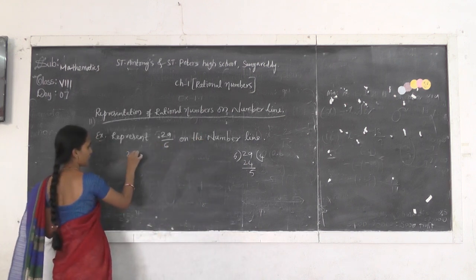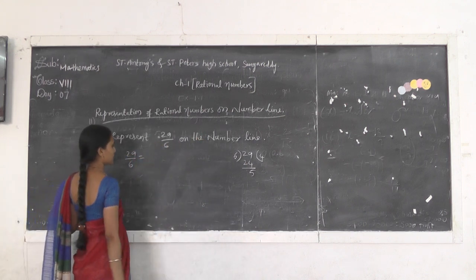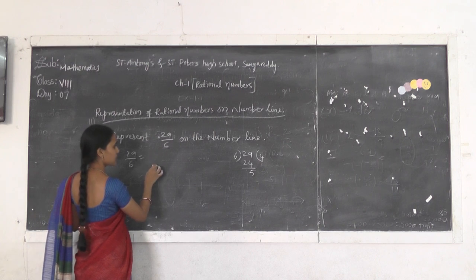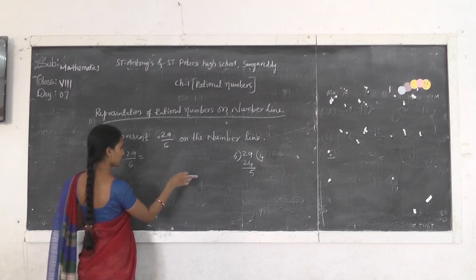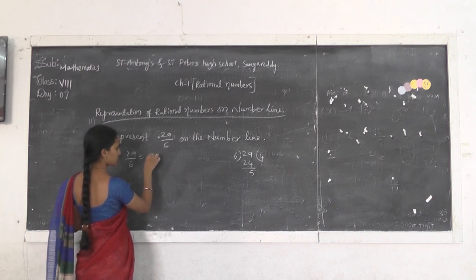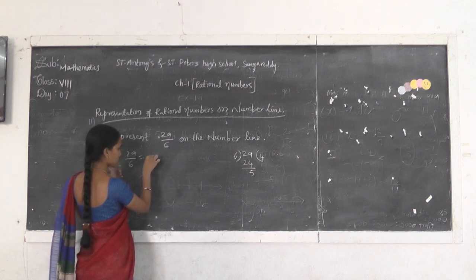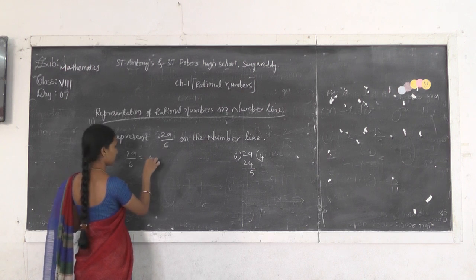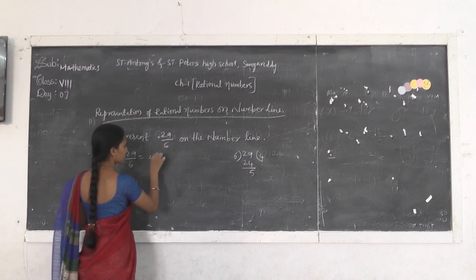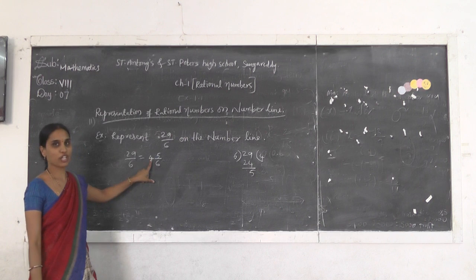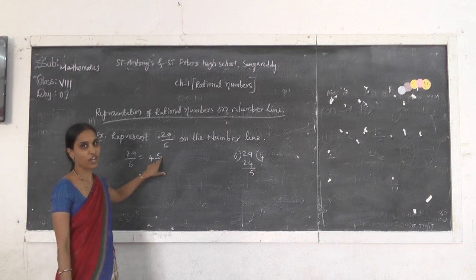What is the mixed fraction? 29 by 6, how will we write this? Six 4s are 24 plus 5, 29.